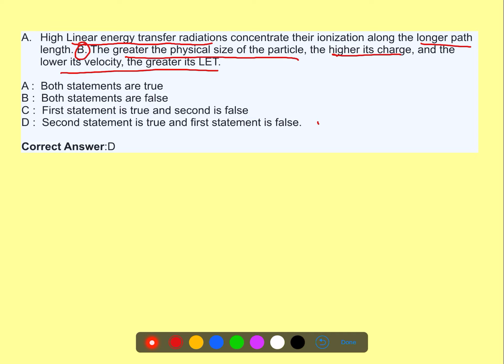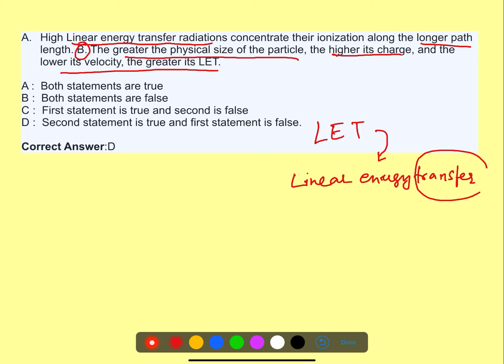So what is this LET? LET is linear energy transfer. As the name indicates, transfer is the rate of loss of energy, so this rate of loss of energy is called linear energy transfer.